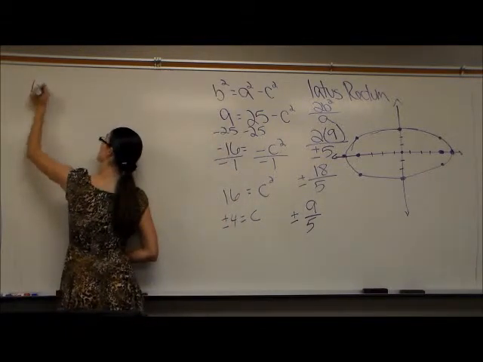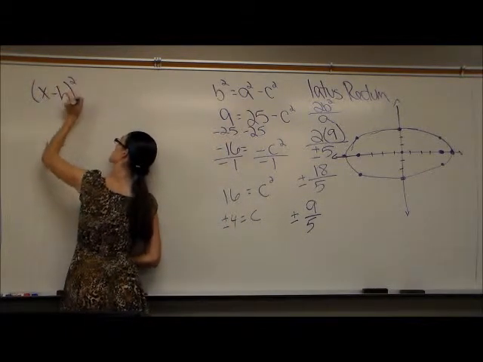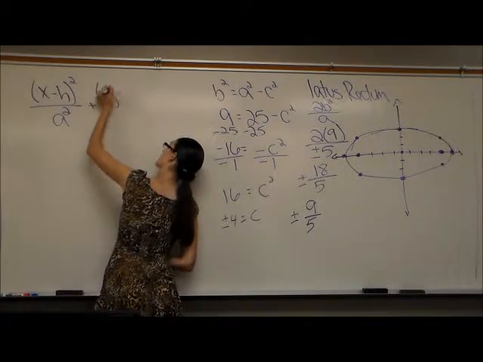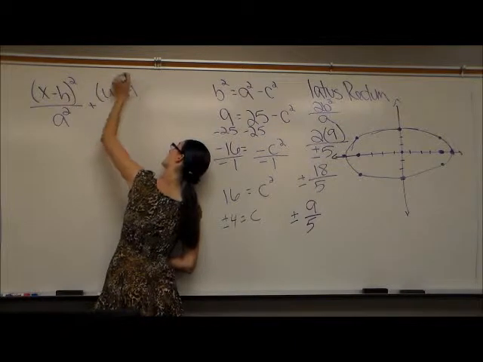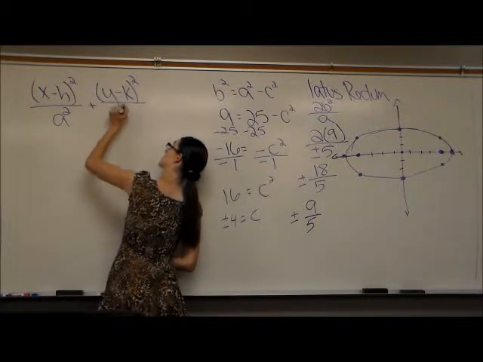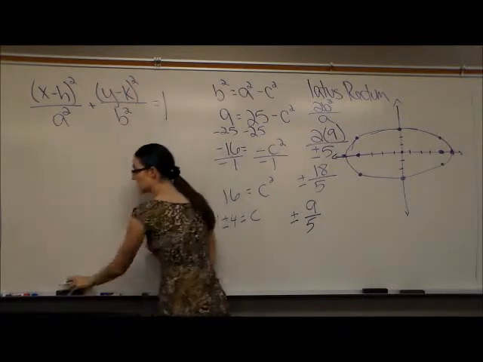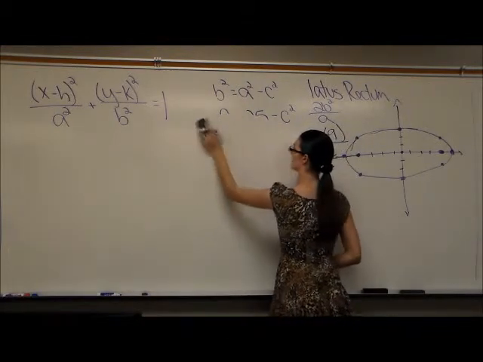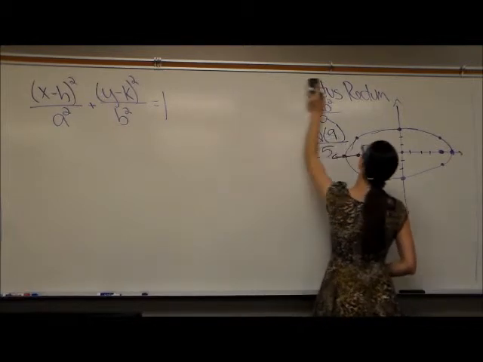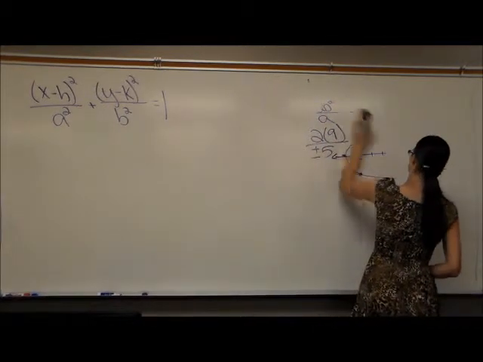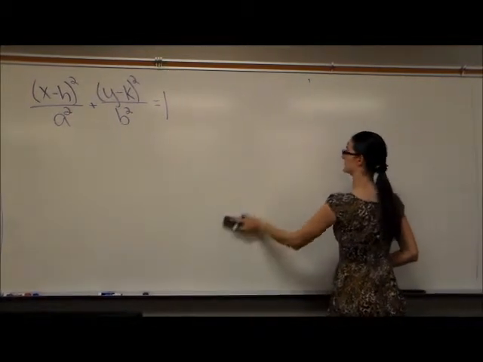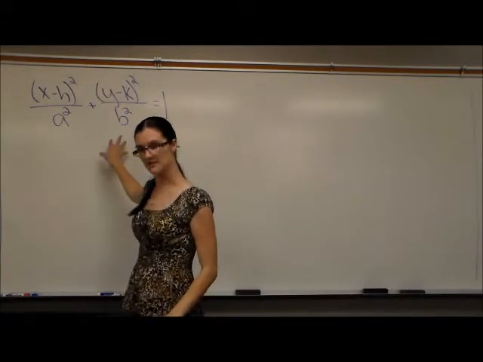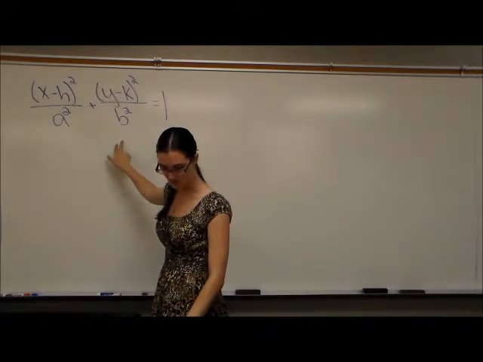So your formula is x minus h squared, still over your a squared, plus y minus k squared, still over your b squared, always equal to 1 with your circles, your ellipses, and hyperbolas when we get there. Okay, so this is your standard form. It's going to be done very similar to how we did parabolas in 3.2.